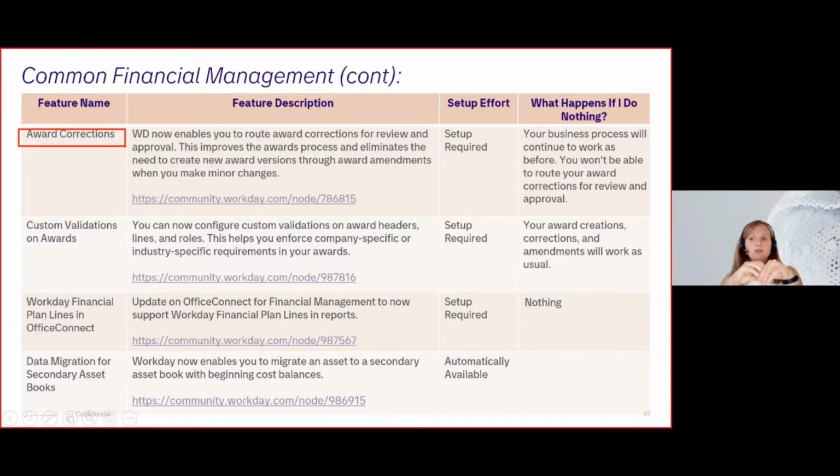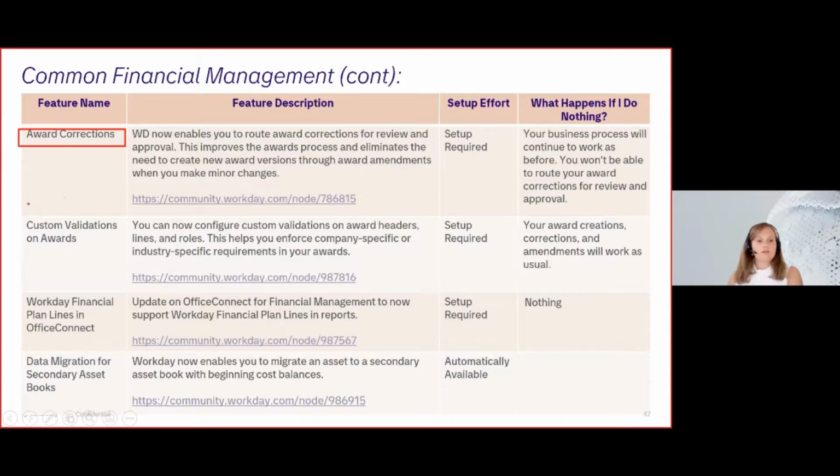And as an initiator, you can revise the correction when it's sent back to you and resubmit it to the reviewer. And also now you can use the new correction reasons in your business process condition rules to determine whether or not this award correction should be routed for approval to the reviewer.